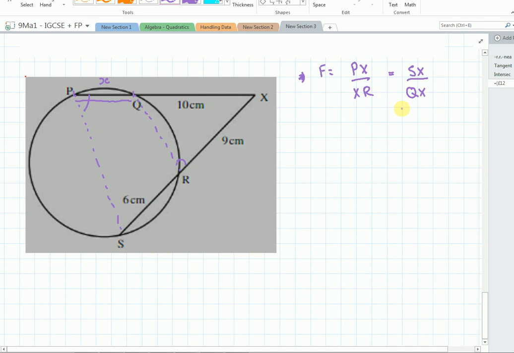So they're the similar sides on the triangle. Rearrange it and you get PX times QX is equal to SX times XR.